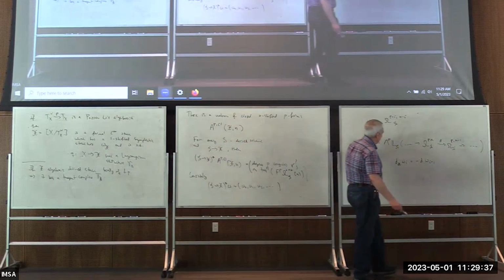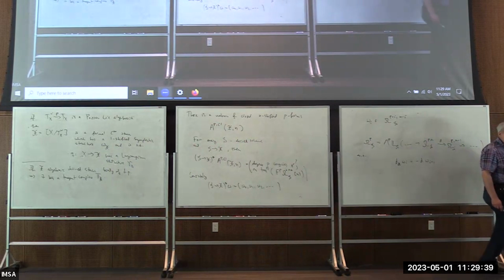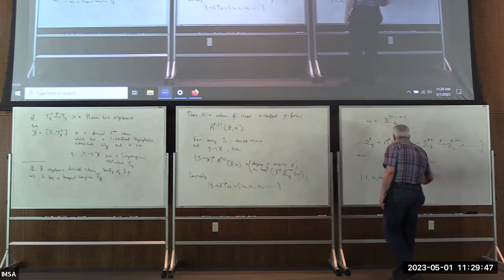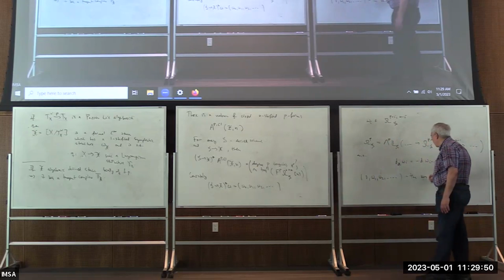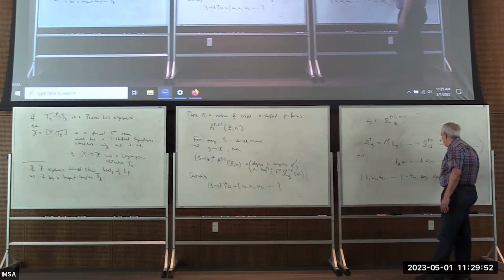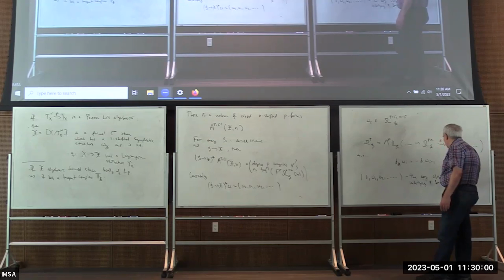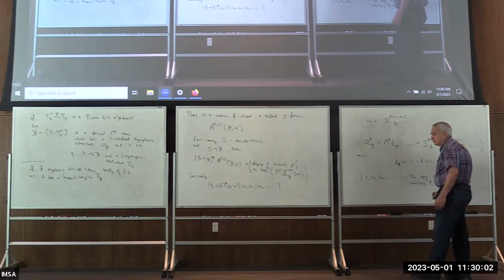The first term is not closed, but then there are higher terms that close it. So these higher terms are called the key, closing the underlying T form omega 0.